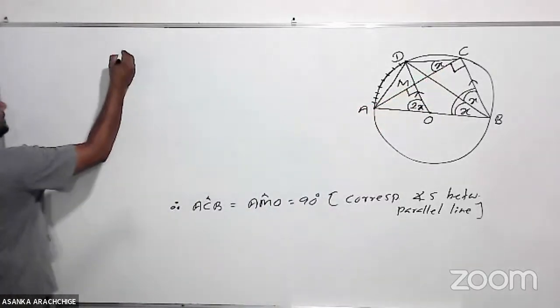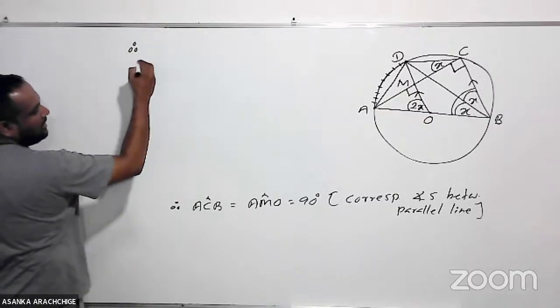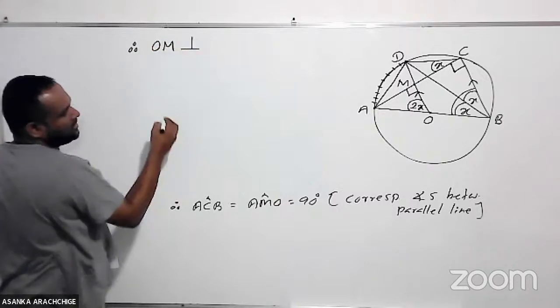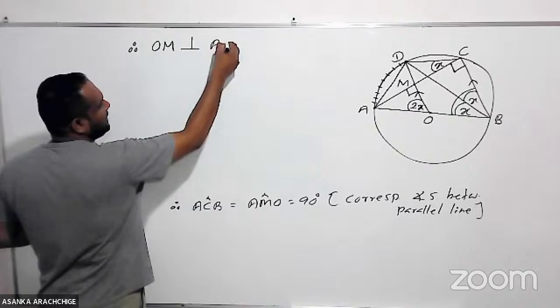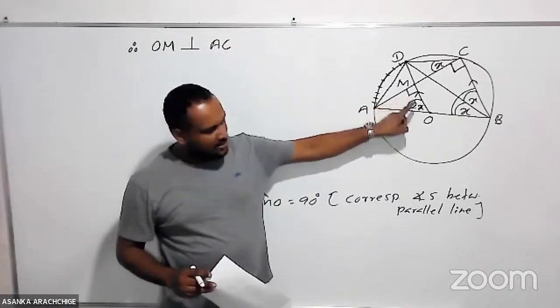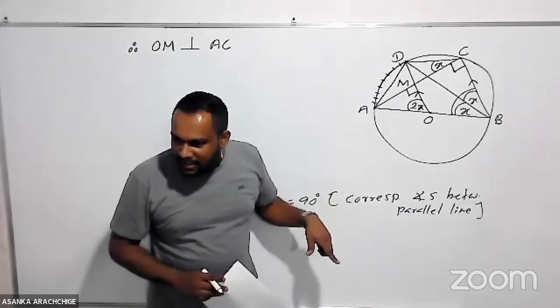Therefore, the line OM is perpendicular to the chord AC. Clear? Here the answer 90 means OM and the chord AC are perpendicular.